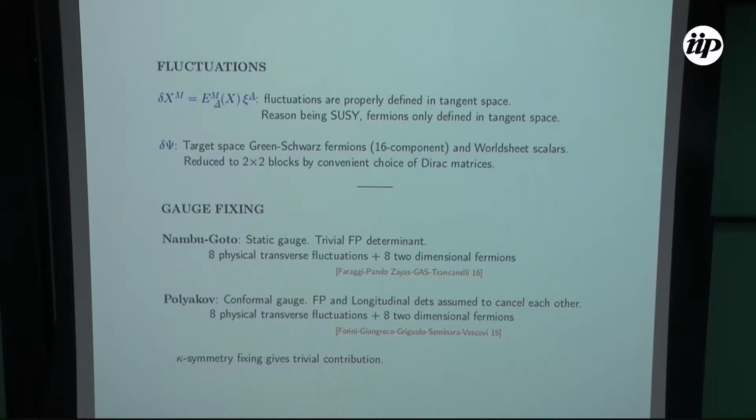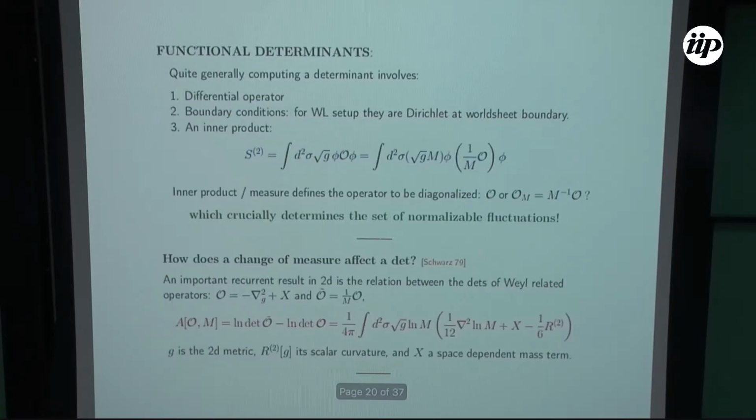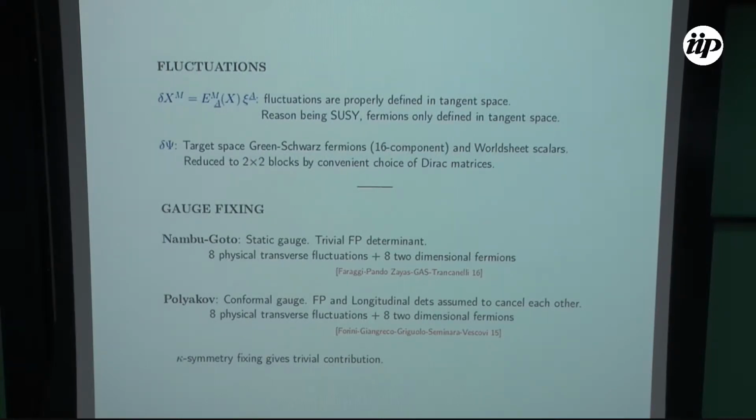Say you fluctuate and you end up with the second order operators. Now what I want to do is to compute the determinants. How do I compute the determinants? I will come to that. It's the important question. Good question.